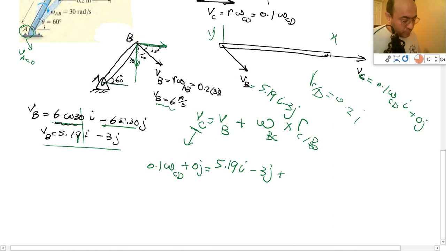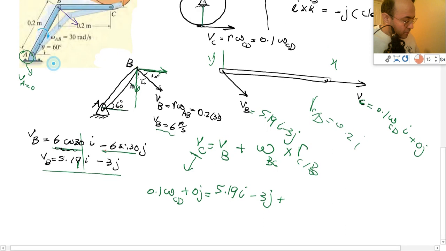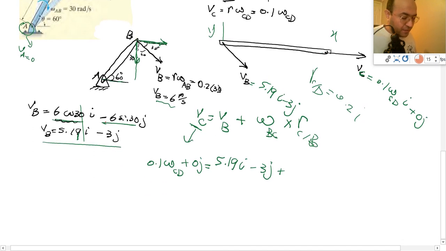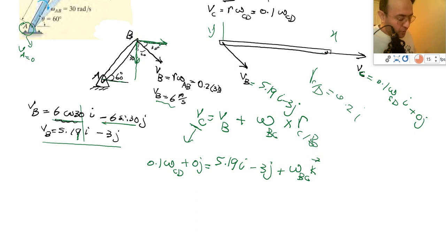I do not know omega BC, but I know omega BC is in the direction of k. You see the rotation, how it looks? So that's going to be in the direction of k, but I do not know exactly how much the value of it is. So I'm going to say omega BC k, which has the direction of k, cross with 0.2 times i.